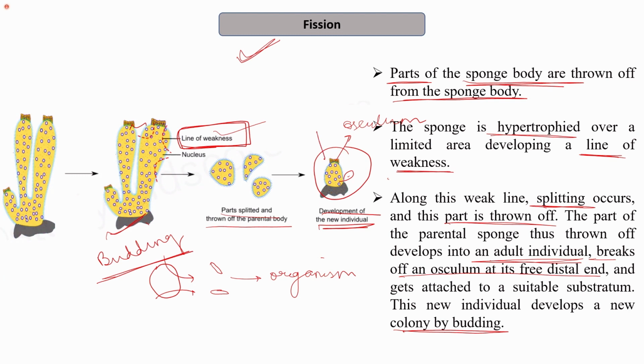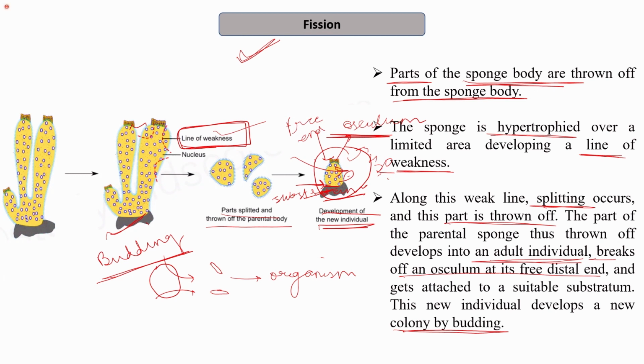On the basal side, it gets attached to the substratum. It finds a substratum where it can get attached, and at the free end the osculum is developed, so it can take up water and throw out water through the water canal system, and in this way it can survive, right?